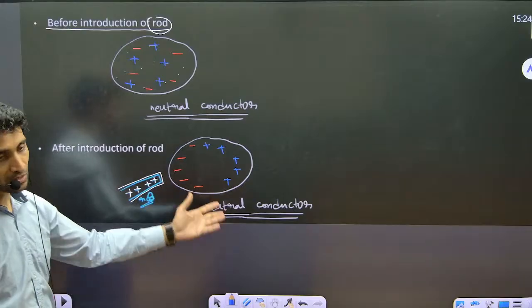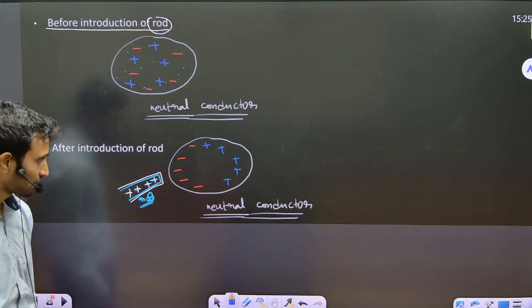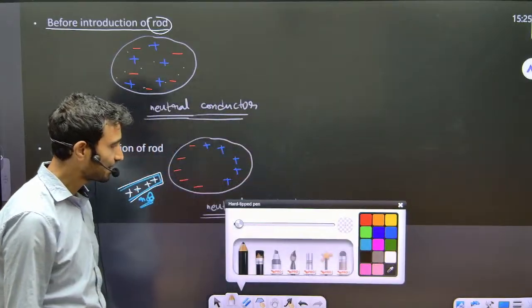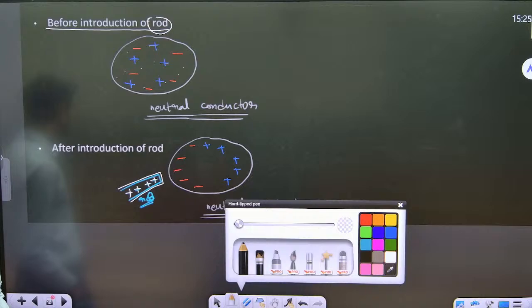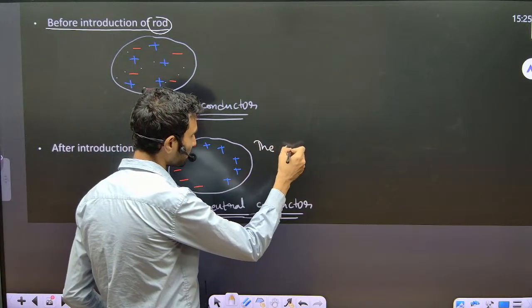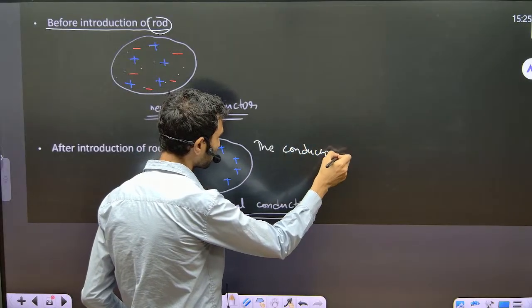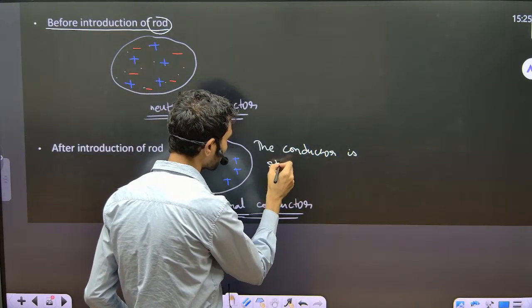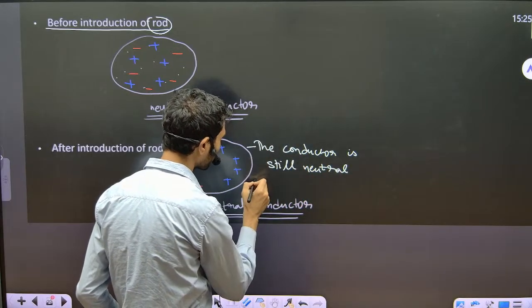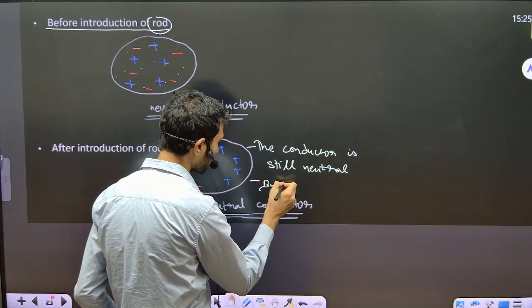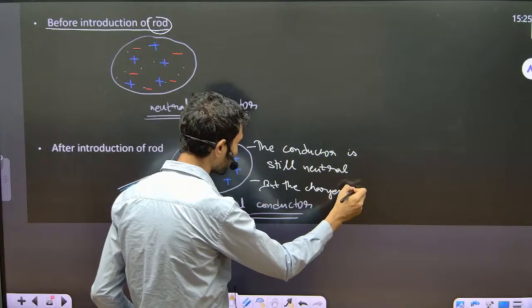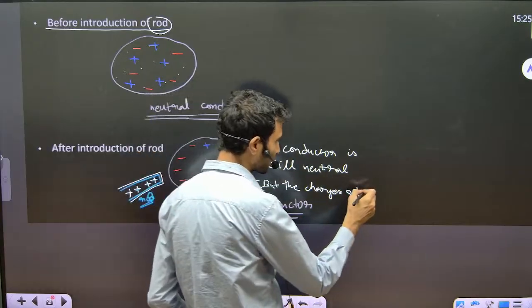Is my conductor still neutral? Is the conductor still neutral? Yes. But the charges got redistributed.